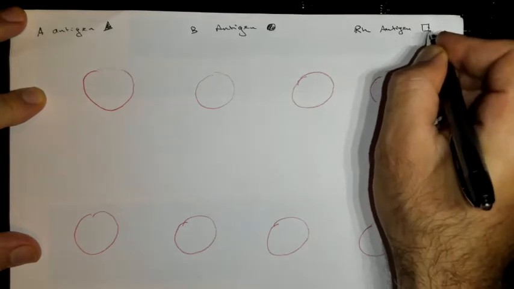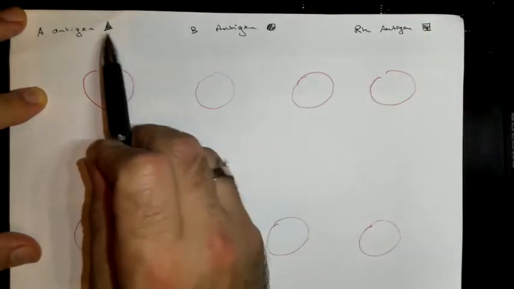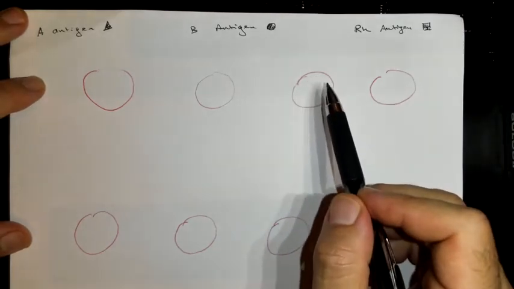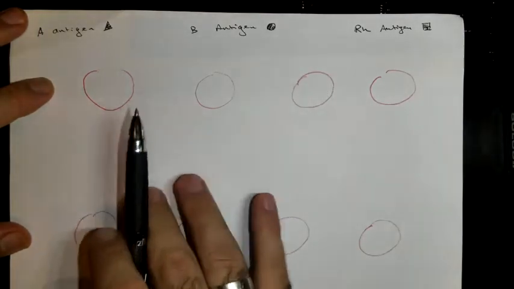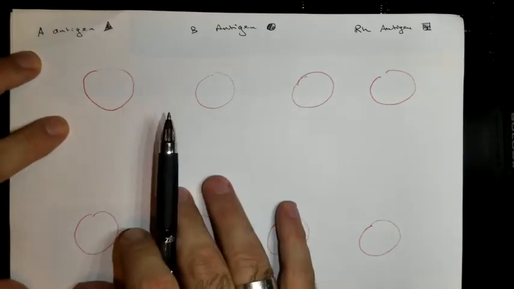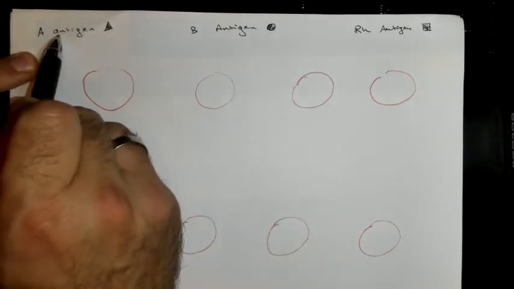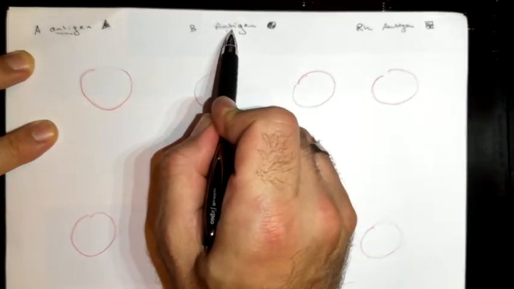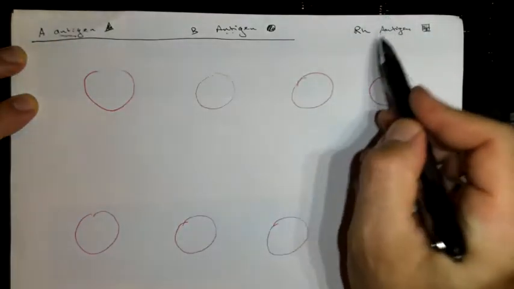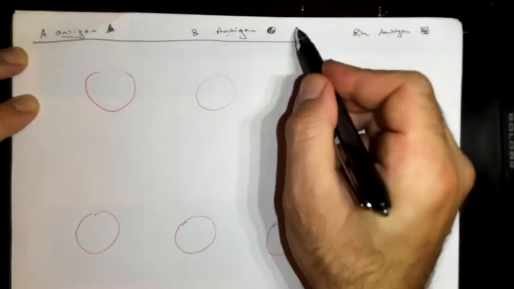And that's just what I'm doing. Obviously, these shapes don't actually exist. We're just using these shapes as a mechanism to understand what we're doing. So please understand that these antigens here, whether it's the A or the B in this case. So first, just focus on the A and the B, and don't worry about this Rh one right now.